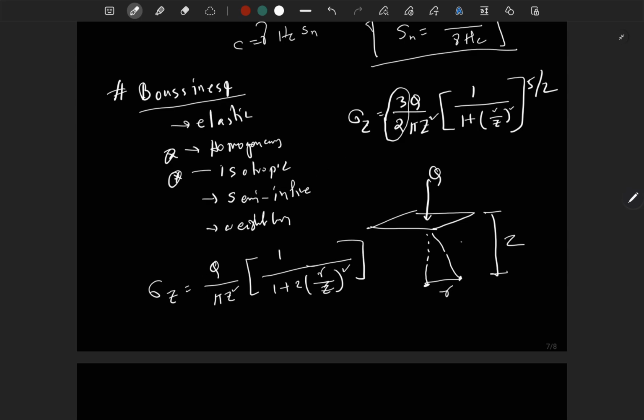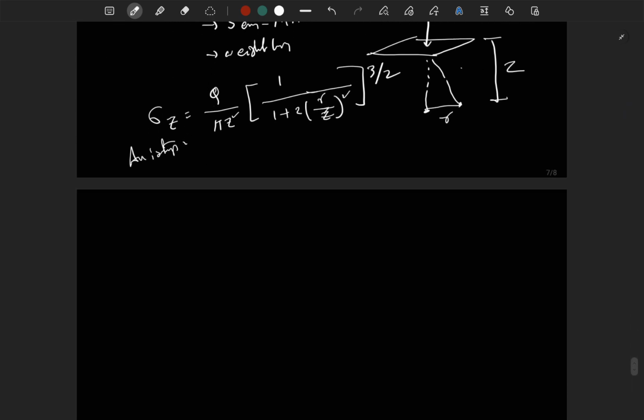This 3 by 2 we will put as a power, just put it 2 extra here, that's it. This is for anisotropic, this is for isotropic.